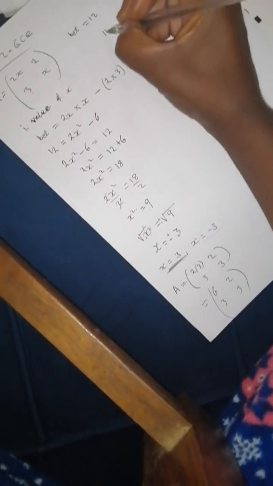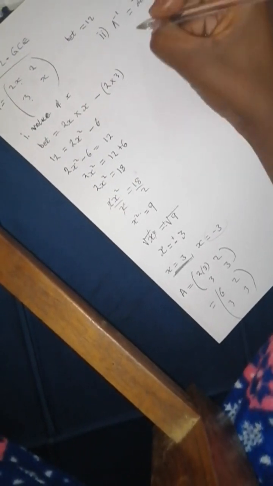So matrix A is 2 times 3, then we have 2, 3, then 3 there. So matrix A is 6, 2, 3, 3. Okay. Going to the second question.